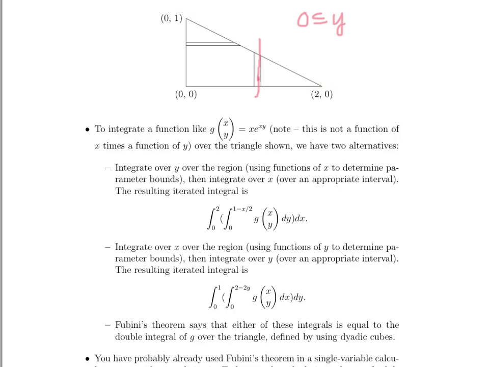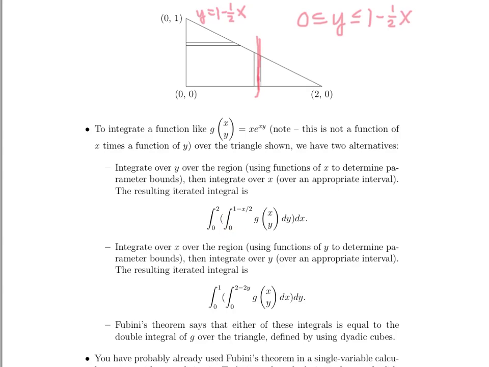We find that the equation of this line is y equals 1 minus 1/2 x. So we know that this region right here in the middle, the actual triangle itself, is bounded below by y equals 0 and bounded above by y equals 1 minus 1/2 x. Let's complete that inequality. Those become our bounds for y right here.